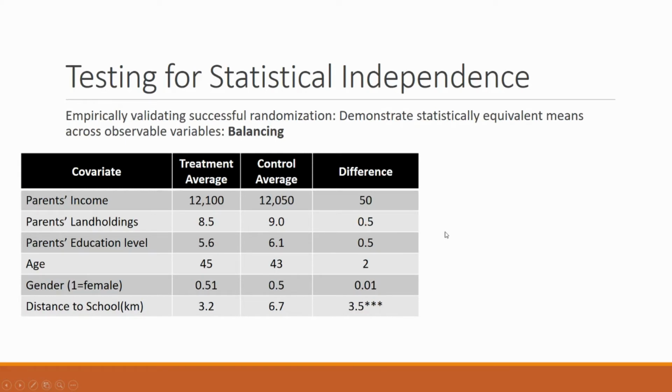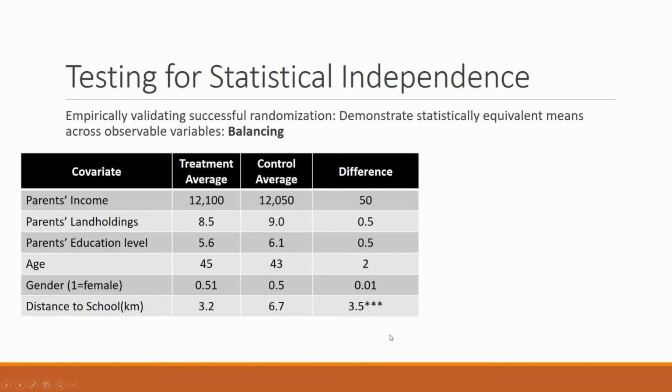Here's your threshold: you're allowed to have 1 star for every 10 variables. If you have 1 star for every 10 variables, then you're okay. You have statistical independence. If you have more than 1 star for every 10 variables, that would imply that you don't have strong evidence of statistical independence.